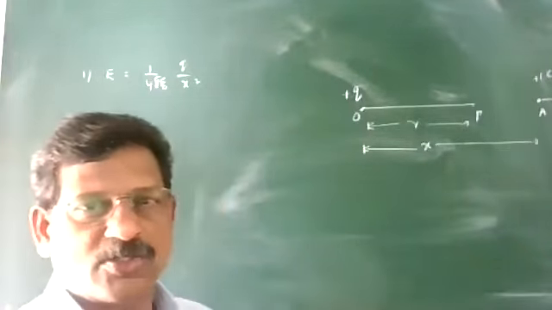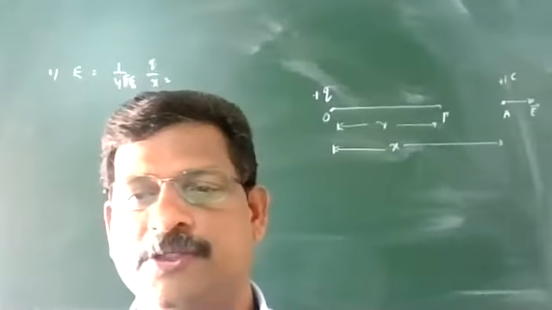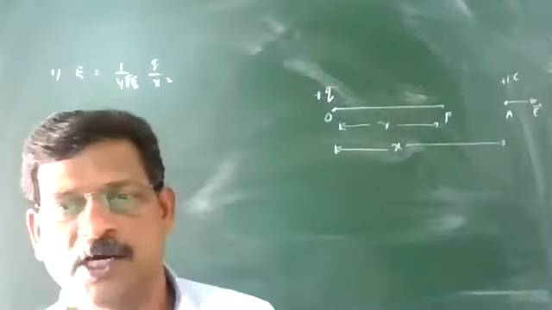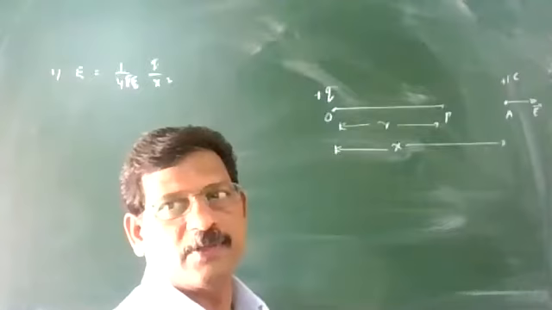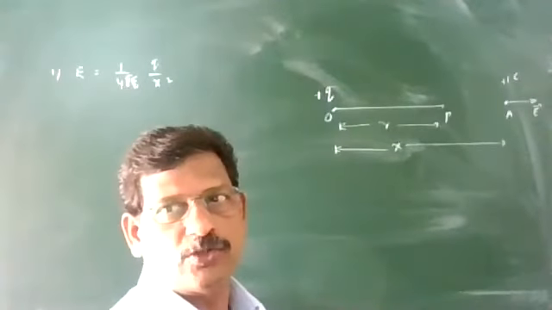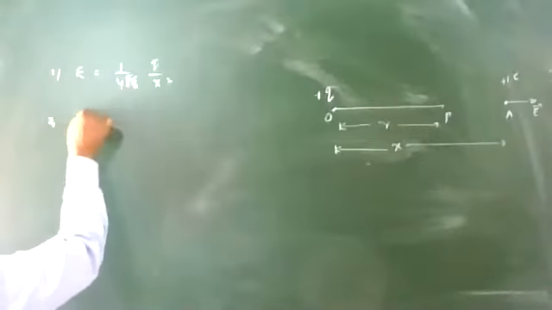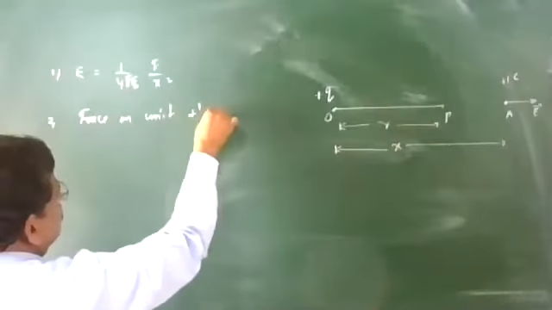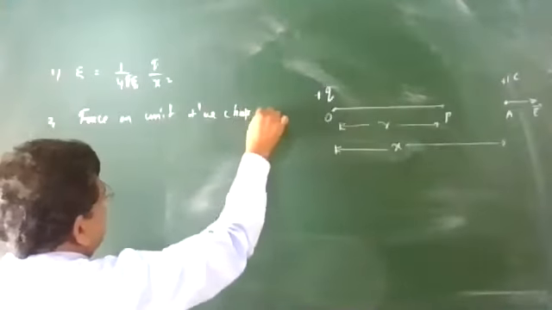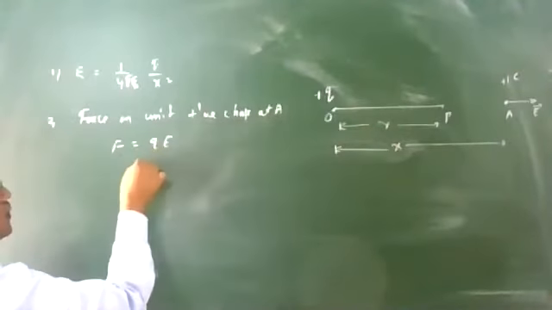If we place a unit positive charge at the point A, it experiences a force. So what will be the force on a unit positive charge at A? F is equal to Q into E, but Q is equal to 1.